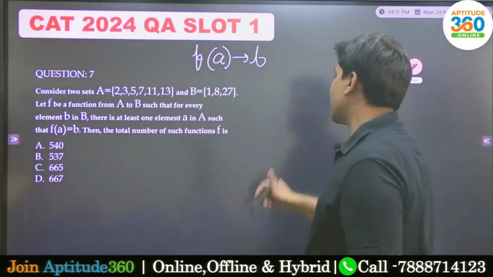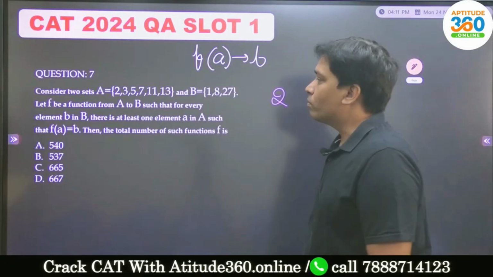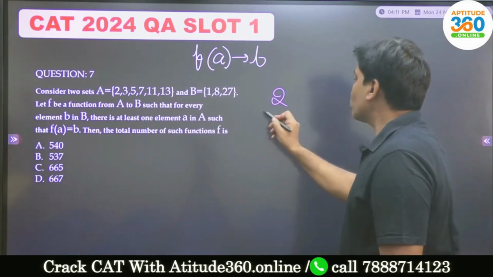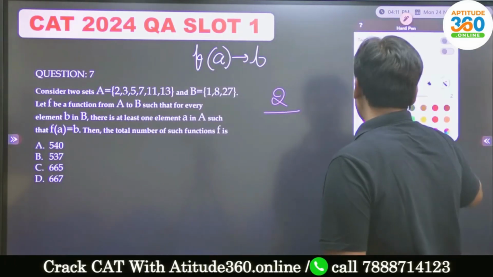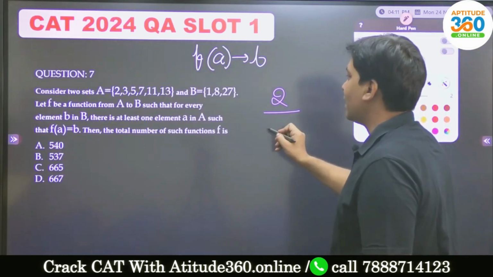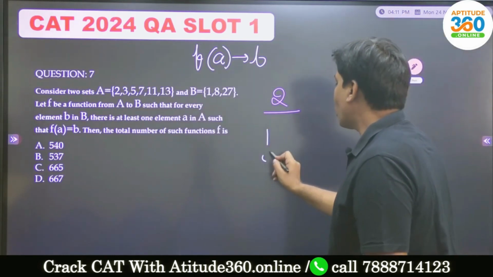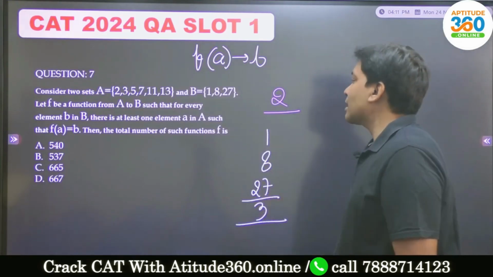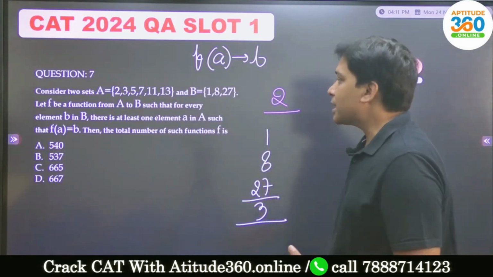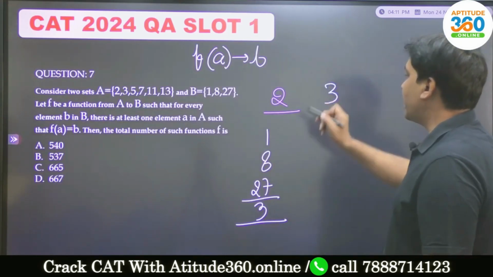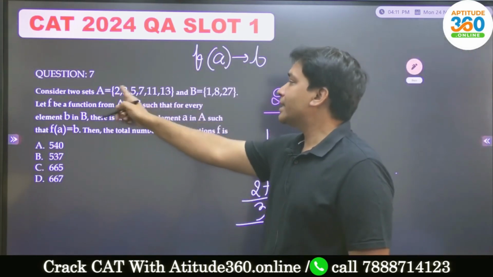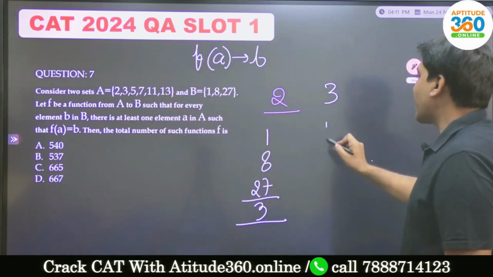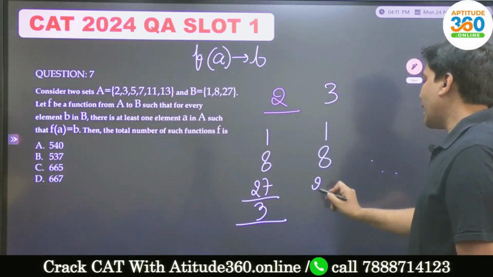How do I proceed with this? Say for example, I have got 2 in set A. So 2 can have as an outcome either 1 or 8 or 27. So how many such possibilities are going to be there? 3 such possibilities for 2. Similarly for 3, which is an element in set A, the outcome can be either 1 or 8 or 27.